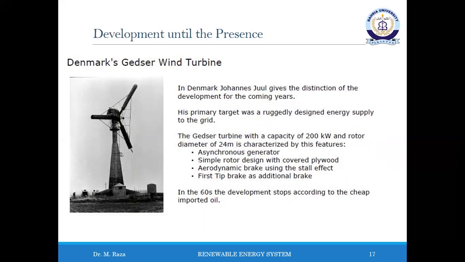The Gedser turbine with a capacity of 200 kilowatt and rotor diameter of 24 meter is characterized by these features such as asynchronous generator, simple rotor design with covered plywood, aerodynamic brake using the stall effect, and a tip brake as additional brake. In the 60s, the development stopped because of the cheap imported oil.